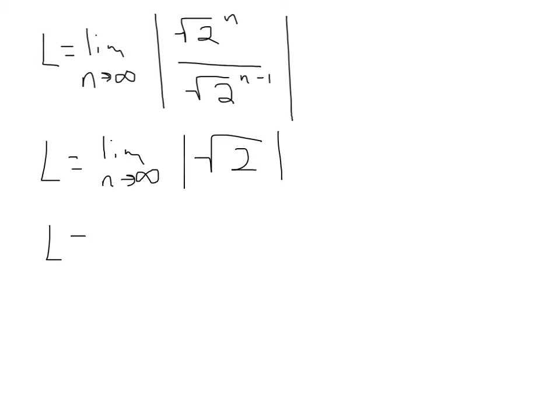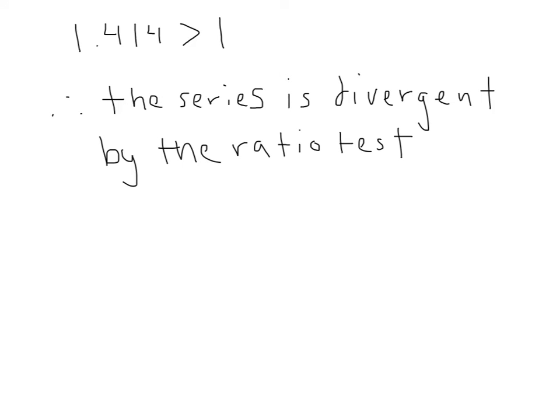L then is equal to the square root of 2, which is approximately 1.414. Since L, 1.414, is greater than 1, we can say that the series is divergent by the ratio test. Peter will now show you the root test.